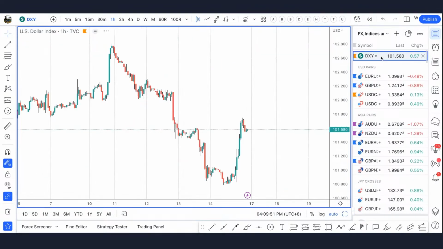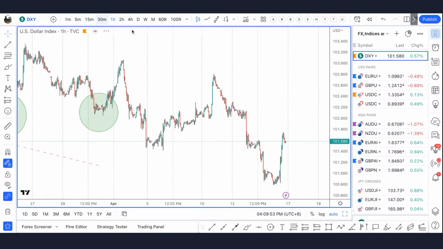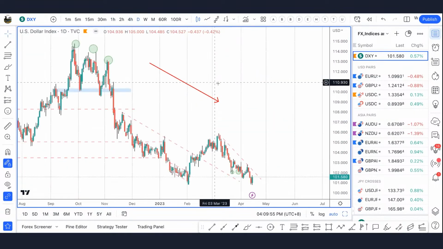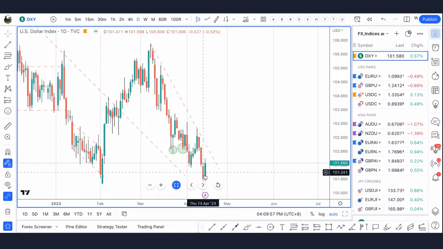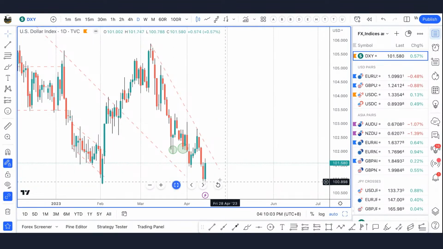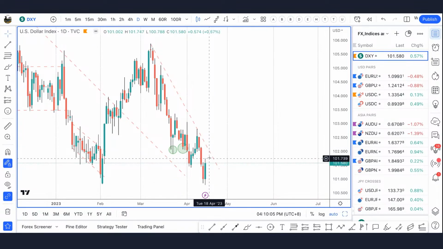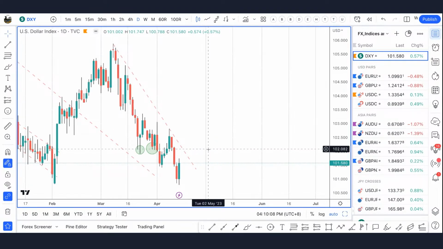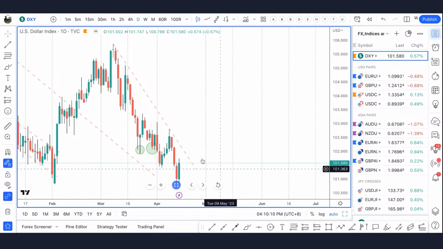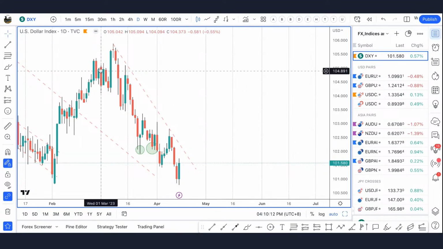And then going back to the USD, of course, the USD does have this two bar reversal that has the potential to reverse, and maybe at least it will pull back to a certain level before it continues to come back down again.